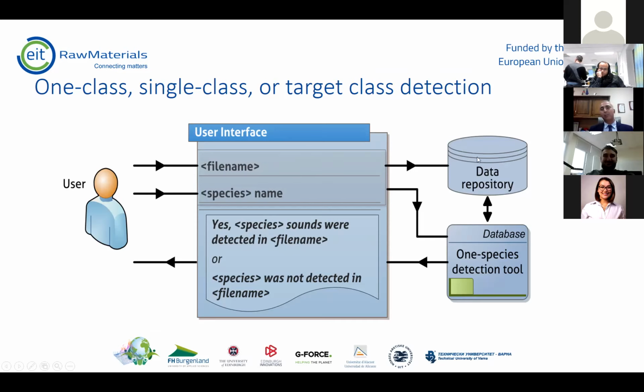Then, based on the model for this species, the system decides: yes, the species' sounds were detected inside the recording, or no, the species you target was not detected in the recording. That is a very nice way to explain things from the user perspective.